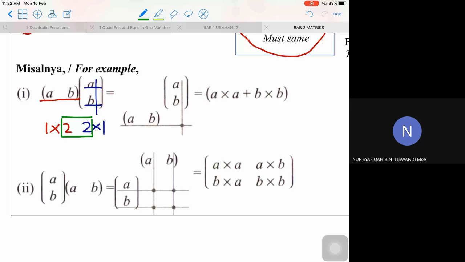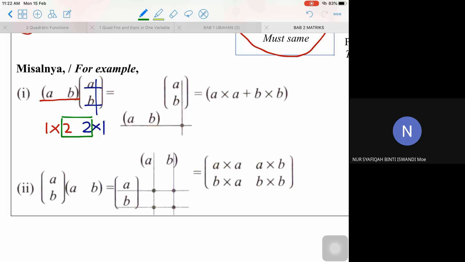So we can say these two matrices can be multiplied with each other. And then what is our answer for the product? It is the row from the first matrix multiplied by the column of the second matrix. So 1 times 1 means 1 row, 1 column. So we only have 1 element.